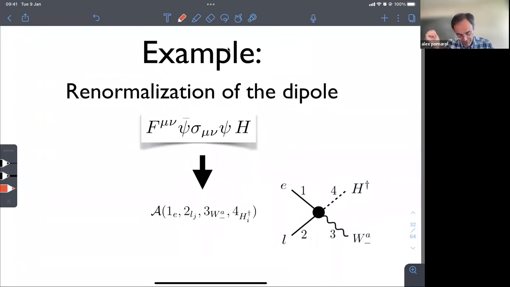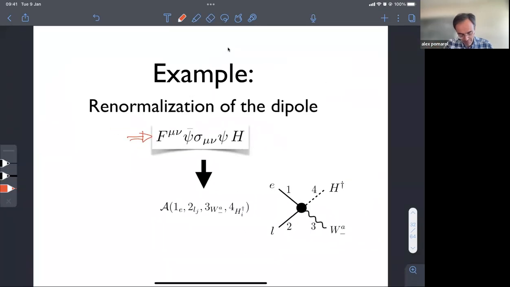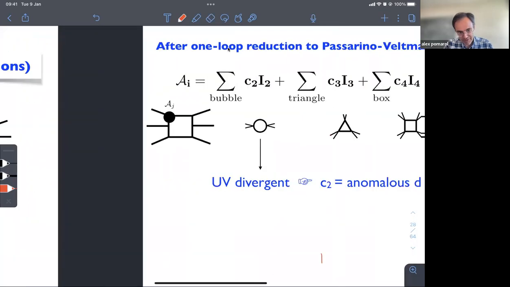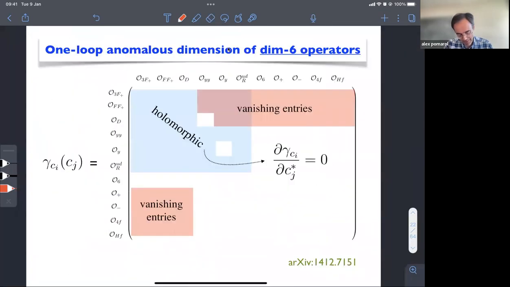Sorry, what I meant here is this type of operator, without specifying the details, because in the standard model this is the operator. I'll go back to tell you exactly what the operator is.